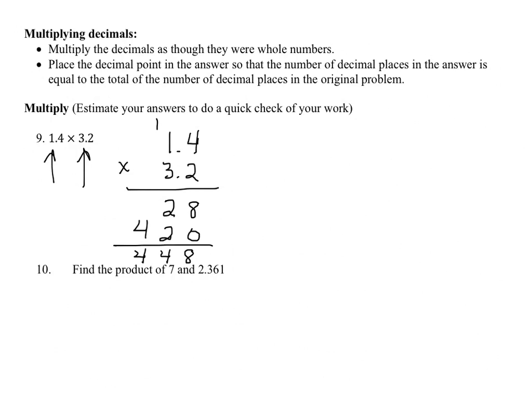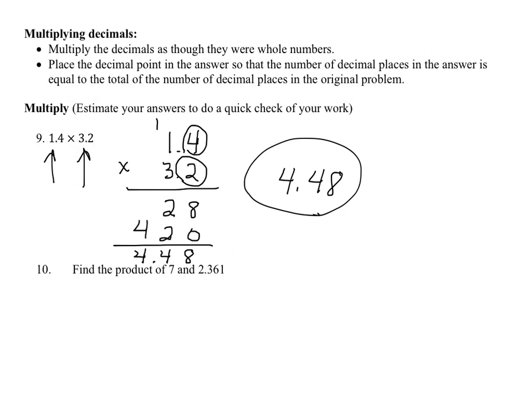So what we're going to do is count the total number of digits to the right of the decimal point. I'm going to circle those digits. 1, 2. So that means going from right to left, I'm going to move my decimal point 2 places to the left and pop it in. So it's 4.48.